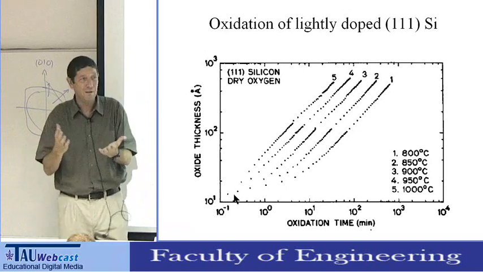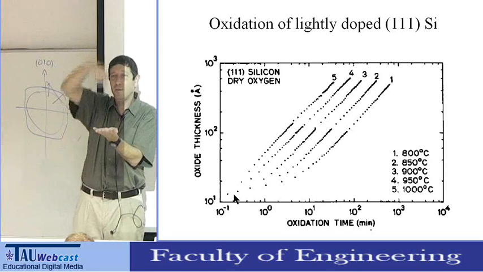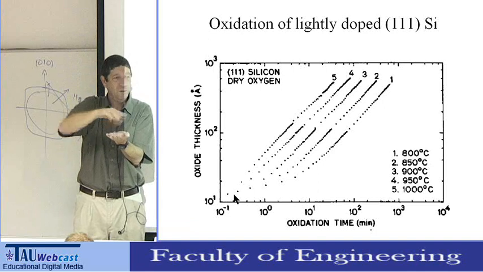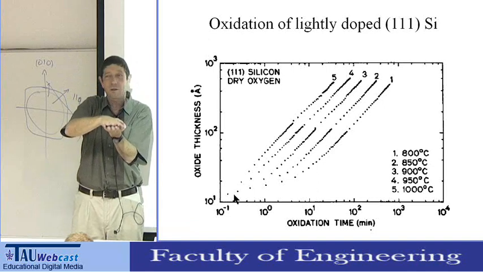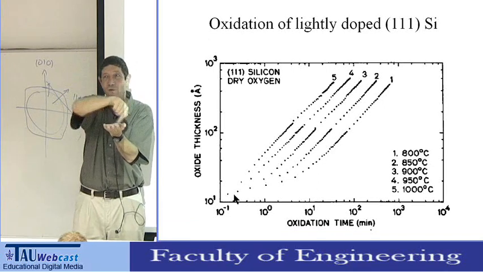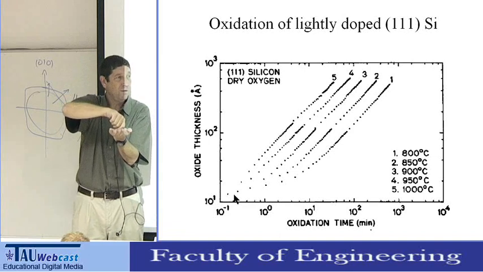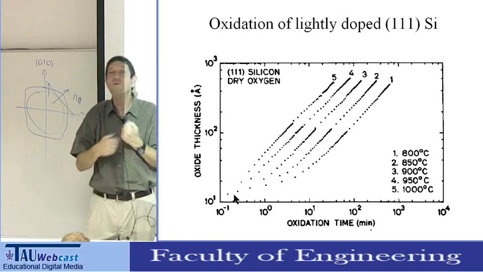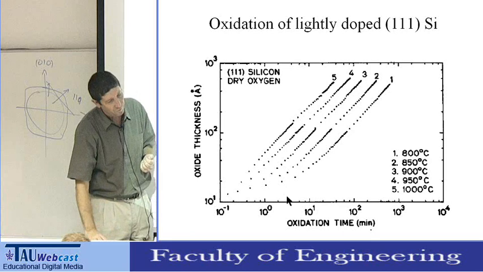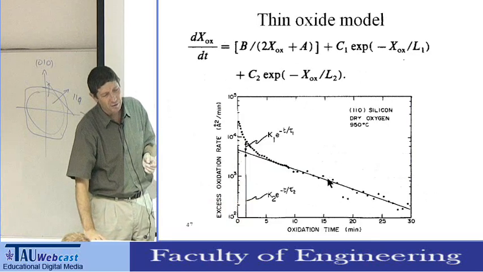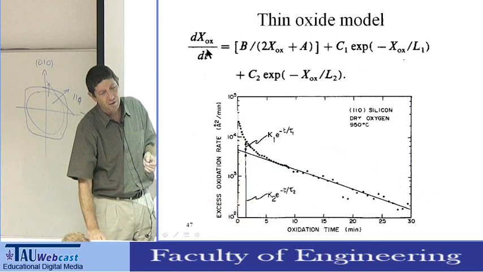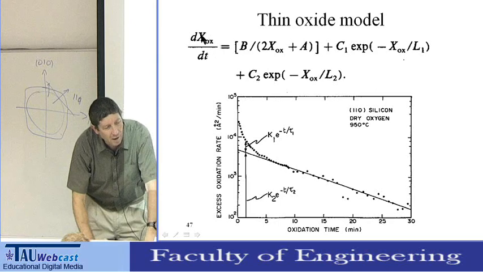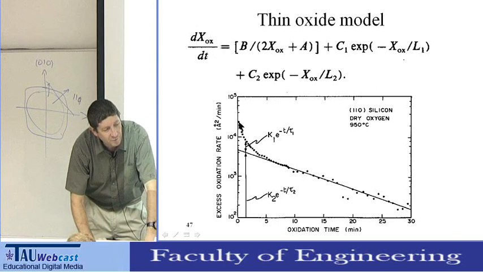The reason is the Deal-Grove model assumes one-dimensional diffusion. But when you have a very thin layer, the molecules can diffuse but also move laterally, and still have a significant effect. You have to introduce a more sophisticated model. Now, there are a lot of models, and the best model is that at a very thin layer, you add another term, which is an exponential term.